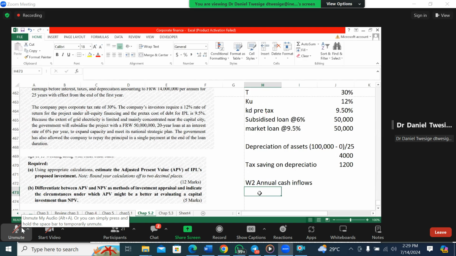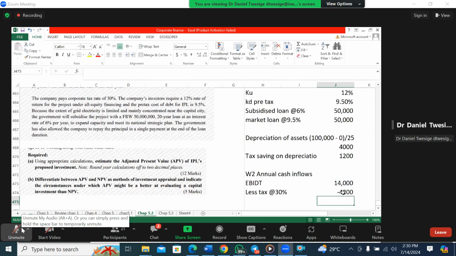So our EBIT, we said it is 14, less tax at 30%, and with 30% you have that.